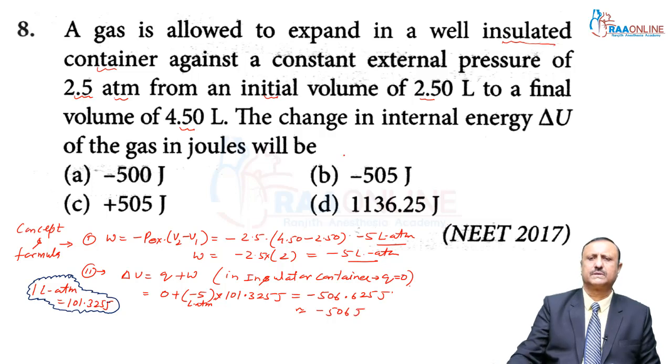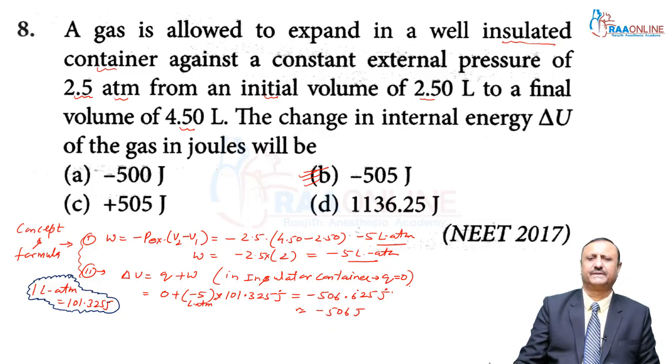Here you can see in question number 8, answer is B, minus 505. So it is approximately the same, minus 505. So you can go to answer B, question number 8, your answer is B. This question was also asked in NEET 2017. You can apply two formulas and the conversion of this unit, liter atmosphere converted to joule. Then you can get the answer.